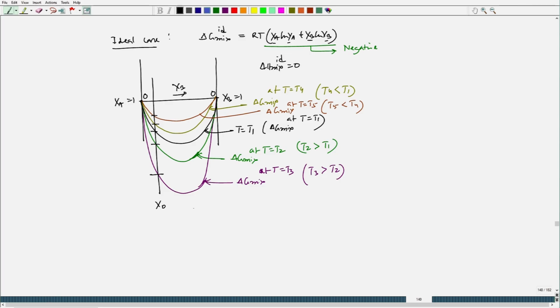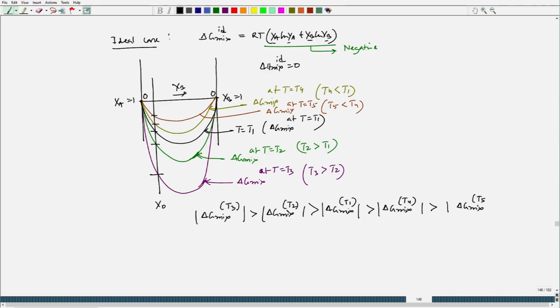So, we can say that, taking mod values because these are all negative, delta Gmix at temperature T3 is greater than delta Gmix at T2, greater than delta Gmix at T1, greater than delta Gmix at T4, greater than mod delta Gmix at T5.